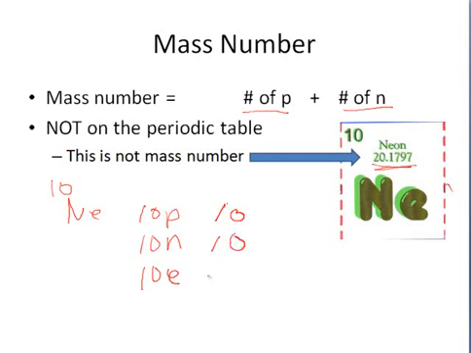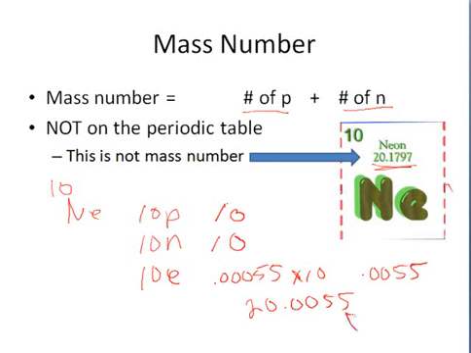And if I know from the previous slide that the electron in comparison to the proton and neutron is 0.00055, right? If I multiply that times 10, what I get is 0.0055. And so if I add the mass of all three of those, I end up with 20.0055.